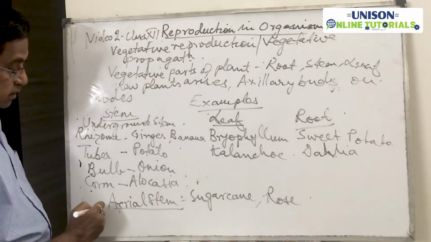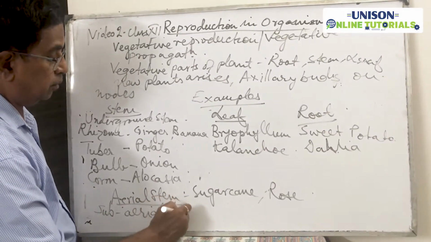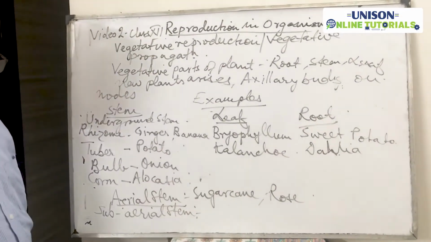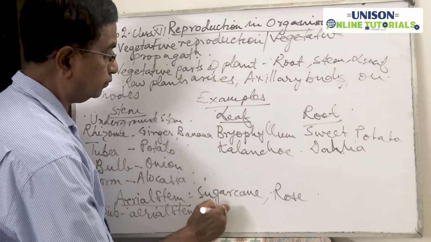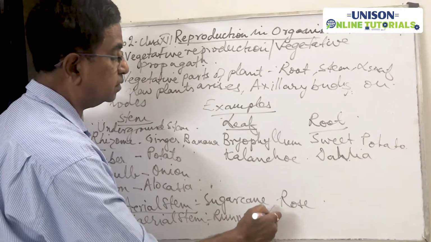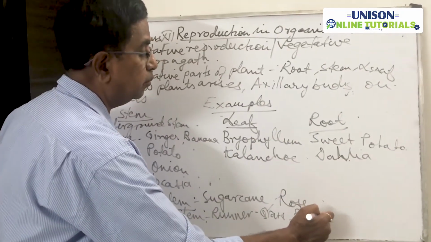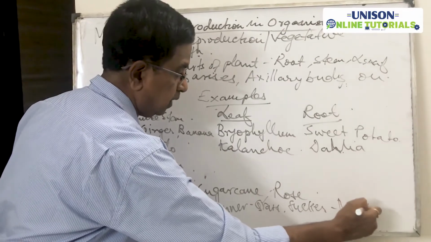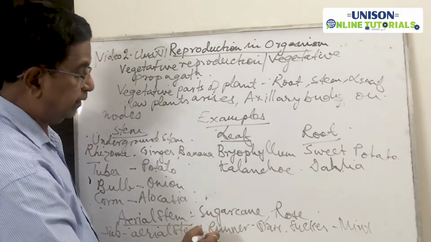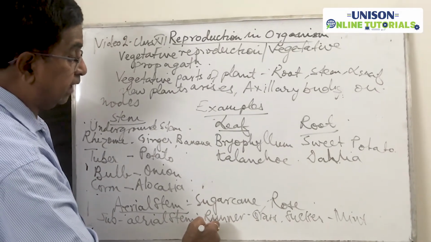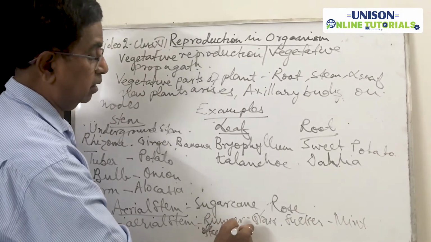Then we come to the subaerial stem. You have studied in +1 in the chapter Morphology of Flowering Plants the runner, example is grass; sucker, example is mint; and also the offset, that is water hyacinth and pistia.